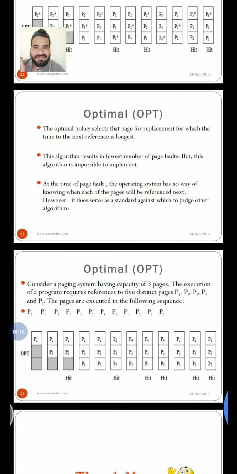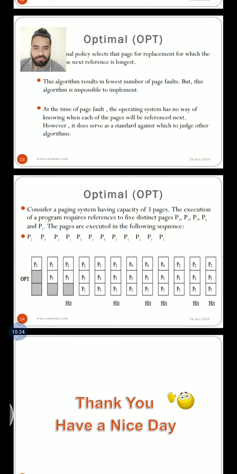So we are giving an illusion that we have memory equal to the memory required by the program, but actually it is not present. Clear? Hope you get the concept of virtual memory. Thank you.